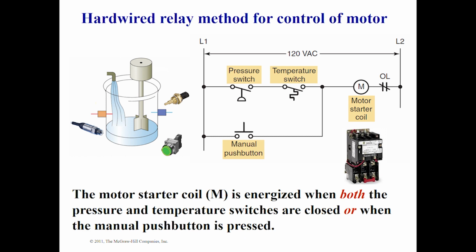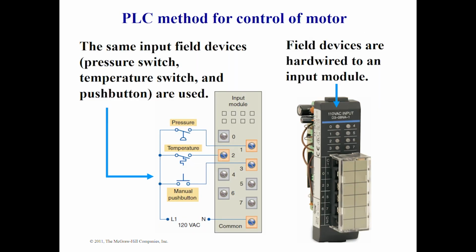This was our relay logic system for controlling this, with the pressure switch and temperature switch could turn on the motor, or the manual push button could turn on the motor. In a PLC, we're going to wire each of those switches in individually to the input module.